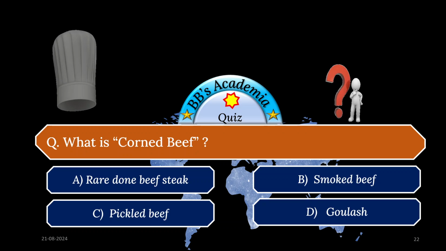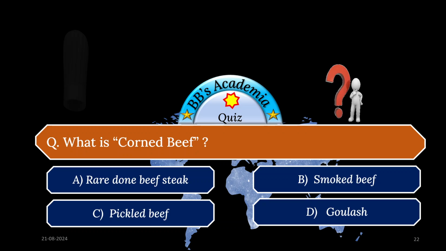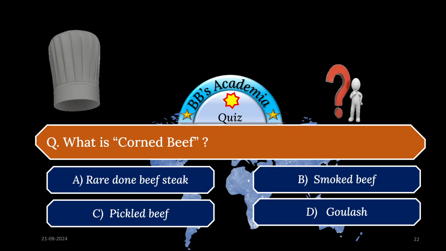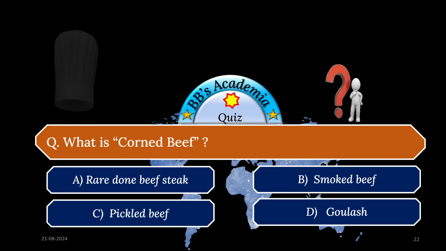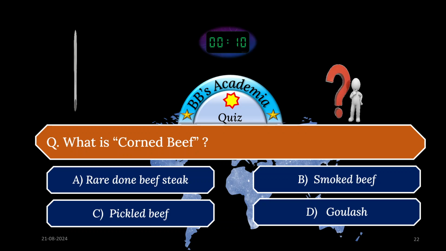Option B, smoked beef. Option C, pickled beef. And option D, goulash. Which one is correct? You have to find that out, and for finding the right answer, you'll get only 10 seconds. Your time starts now.